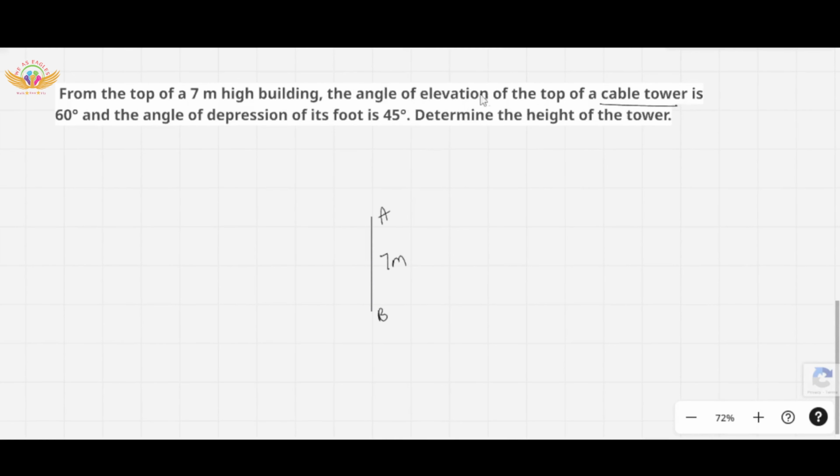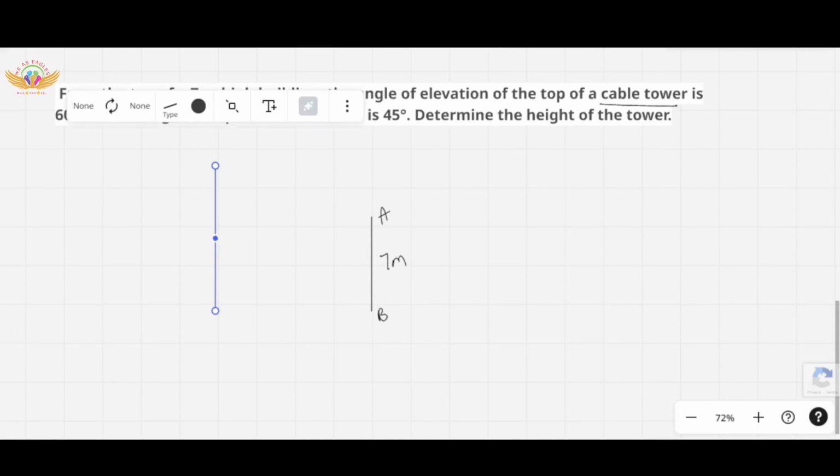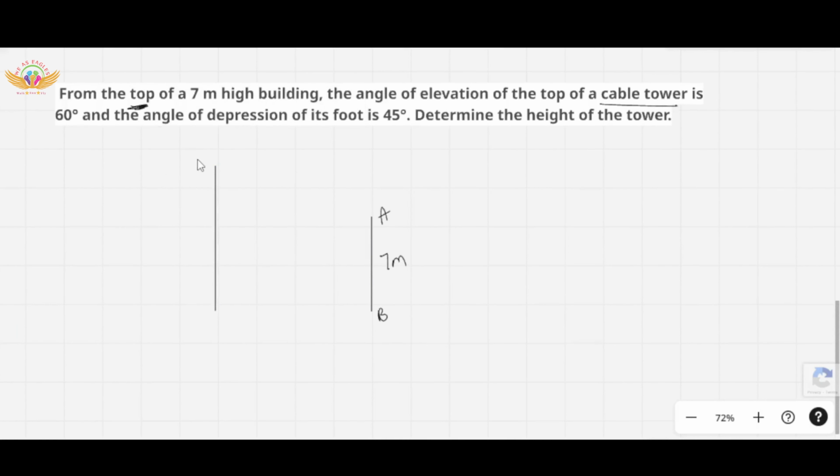So the angle of elevation is from the top of the building to the top of the cable tower. So there is a cable tower on the other side. So let us draw the cable tower. Done. So this is a cable tower, and I'm going to write it as CD is a cable tower.